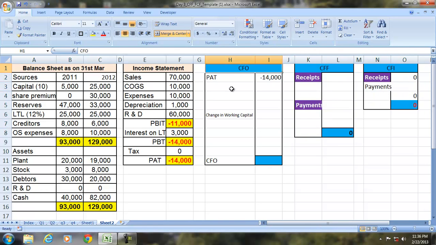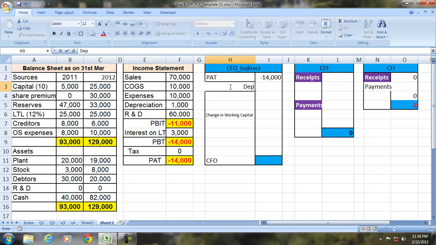Cash from operation can be found by using the indirect method. In the indirect method, we try to determine CFO by making adjustments to the PAT, with respect to non-cash, non-operating items and the changes in the working capital. So the PAT is minus 14,000.